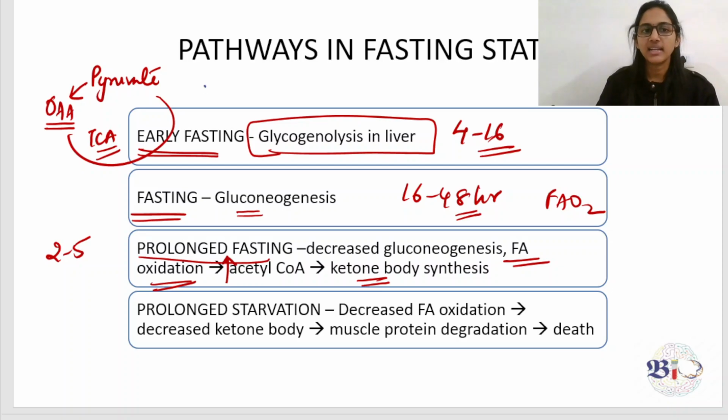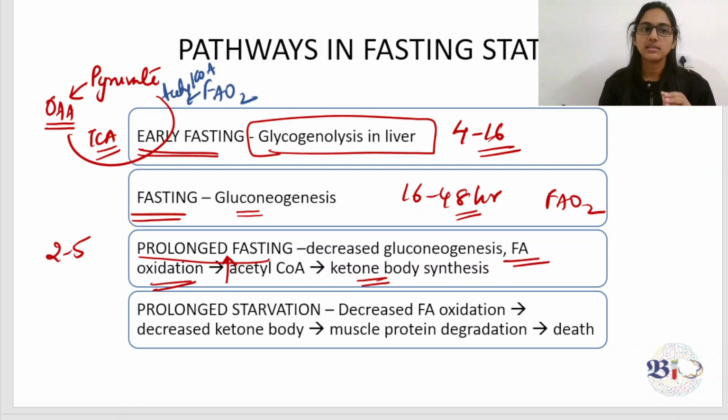Now, when my fatty acid is getting oxidized, it will produce acetyl CoA, is it not? Fatty acid oxidation gives us acetyl CoA. Now, any acetyl CoA has to enter into the TCA cycle, after which it can enter into the electron transport chain and give us energy.